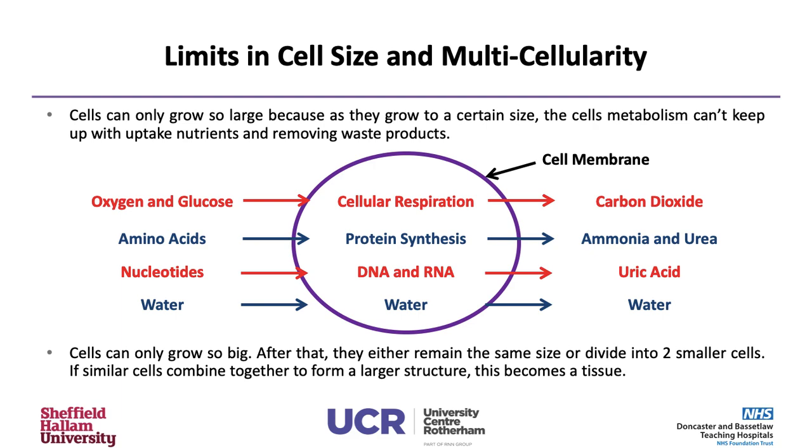What they've got in each cell is different cellular processes, and some of the ones I'm going to discuss with you are cellular respiration, protein synthesis, DNA and RNA and what those actually mean, as well as water. To start with, for cellular respiration, all cells need glucose and oxygen to carry out a process called cellular respiration, which you might have heard of in biology, or in exercise physiology as aerobic respiration.